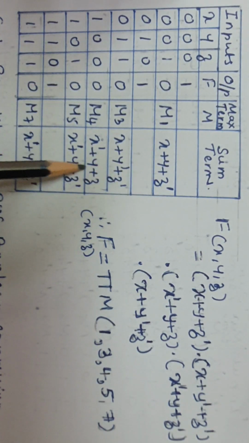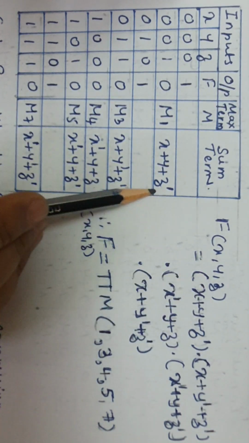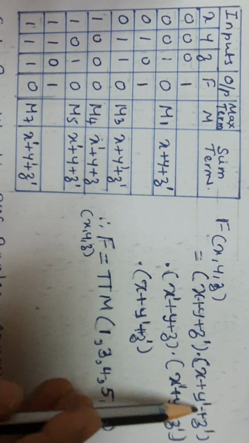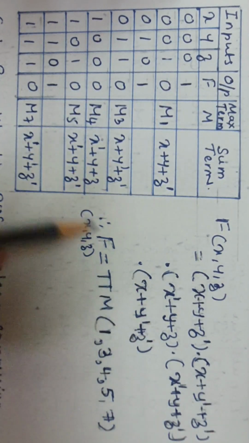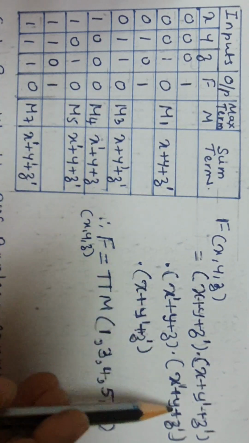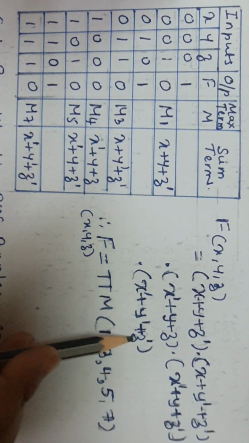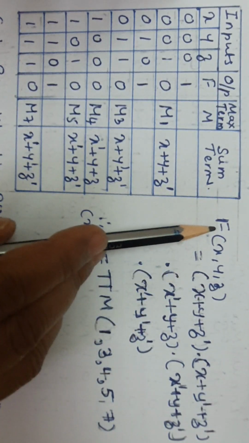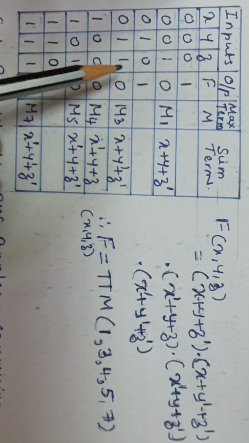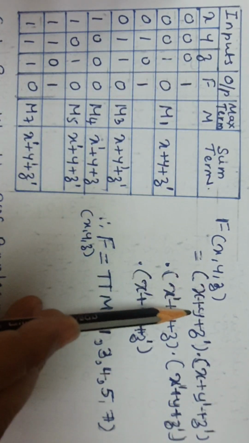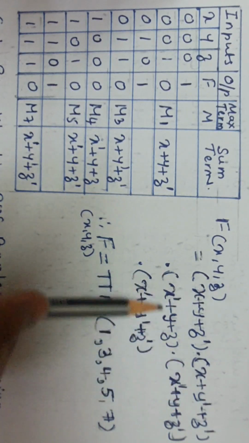Product of these sums: x plus y plus z dash, x plus y dash plus z dash, x dash plus y plus z, x dash plus y plus z dash, x dash plus y dash plus z dash. So this is the function of 3 variables x, y, z that is given in the truth table. So it is expressed in terms of product of sums.